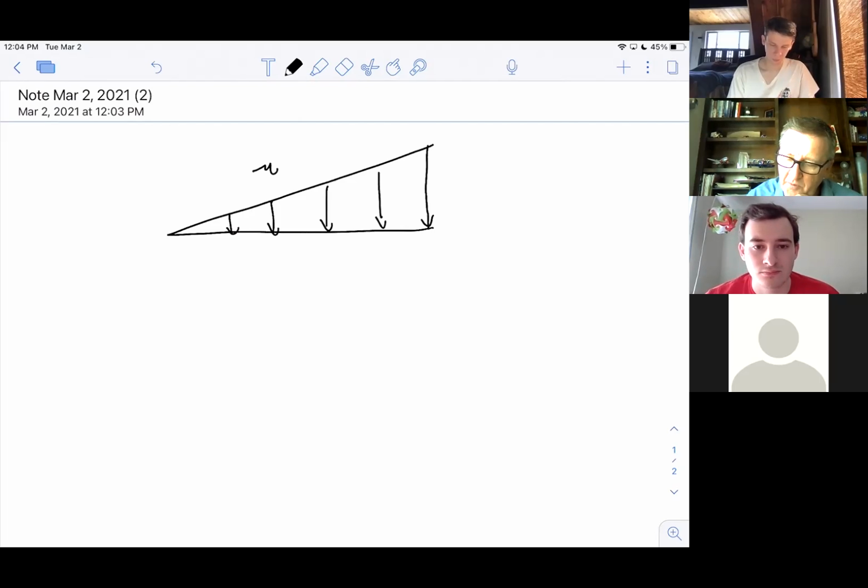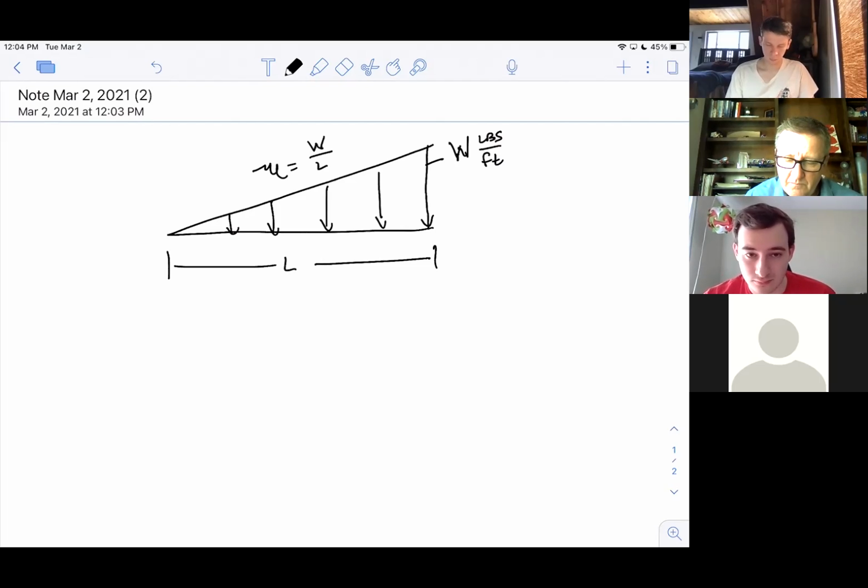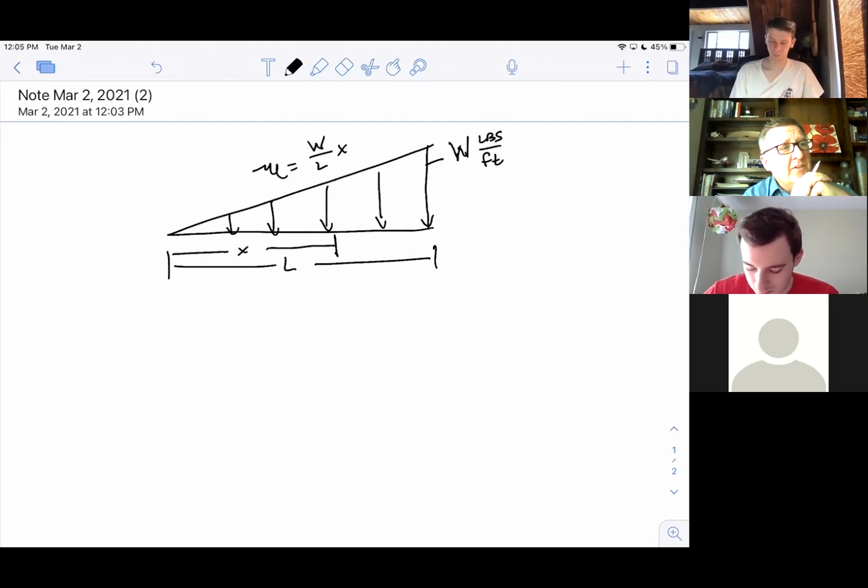If we take that pounds per foot, and this is our length, what we did to find the slope a minute ago is we took W divided by L. Do you agree with that? And then if you multiply it by X, wherever you happen to be. So that's the equation that tells you kind of how strong the force is at a given location.